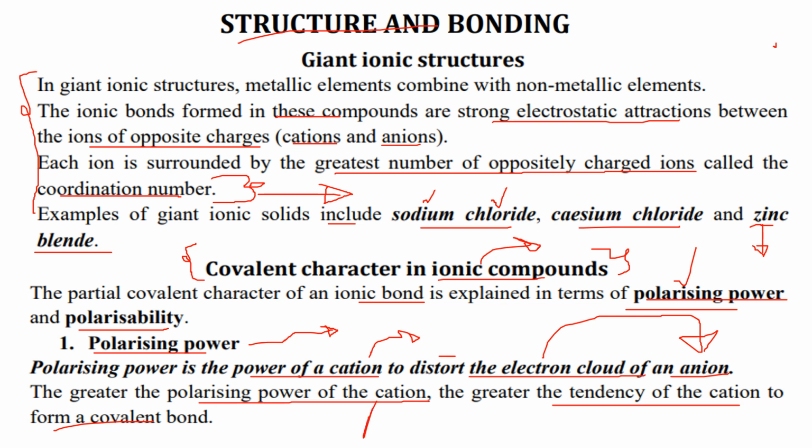For example, if you have an ionic compound such as aluminium chloride, the aluminium cation has a charge of +3. We call this a higher charge density. The higher the charge density, the smaller the ionic radius and the greater the polarizing power.